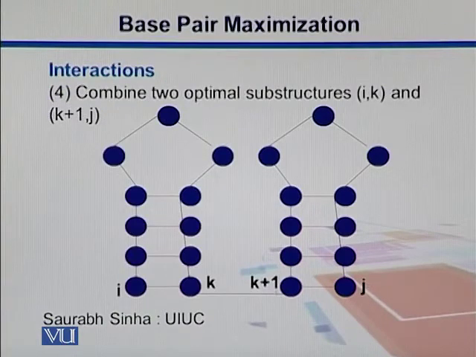In another scenario, we can combine 2 optimal structures, where one structure is i through k and the other structure is k plus 1 through j. That is where we can have a bifurcation. We take that sequence and detect 2 structures in it, combining 2 optimal structures, or, in other words, a bifurcation.